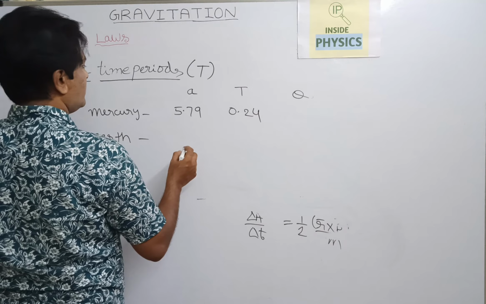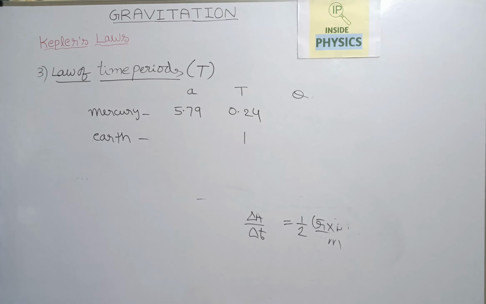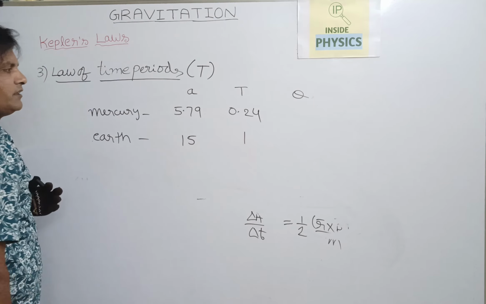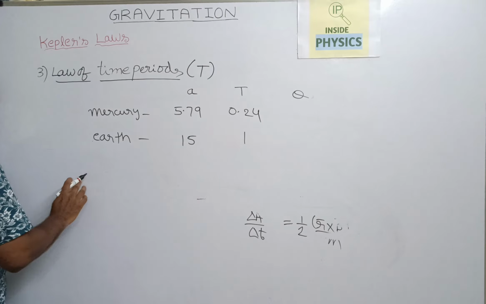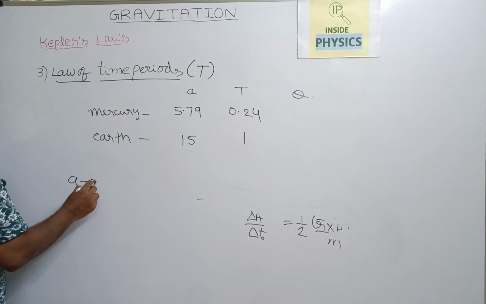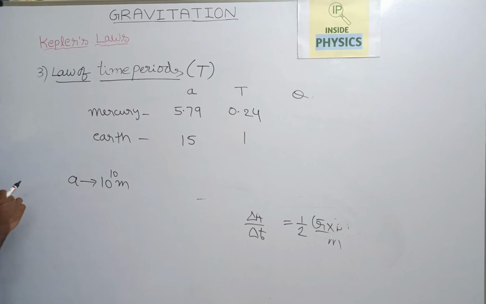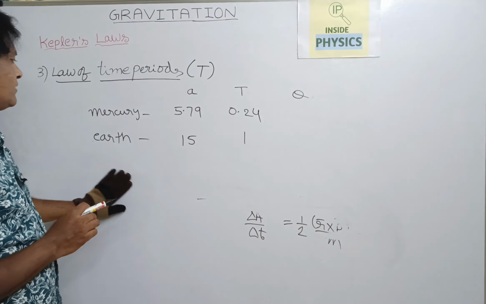For Earth, we know the time period is 1 year. So what is the semi-major axis? That is the distance from Sun to Earth. It is 15, that is, 15 into 10 to the power of 10 meters. We all know that a is measured in the units 10 to the power of 10 meters. I already told you.